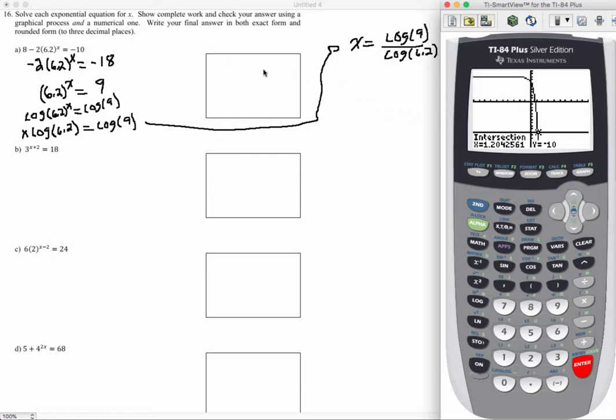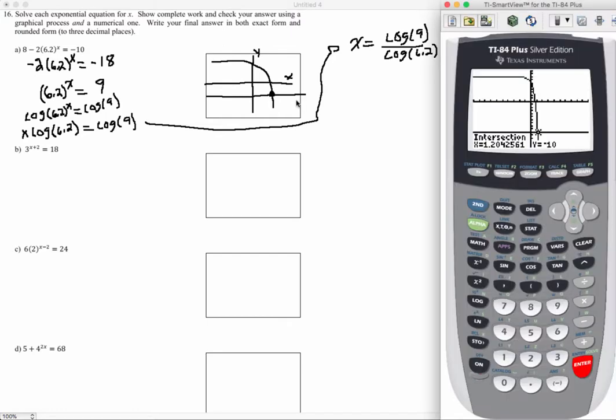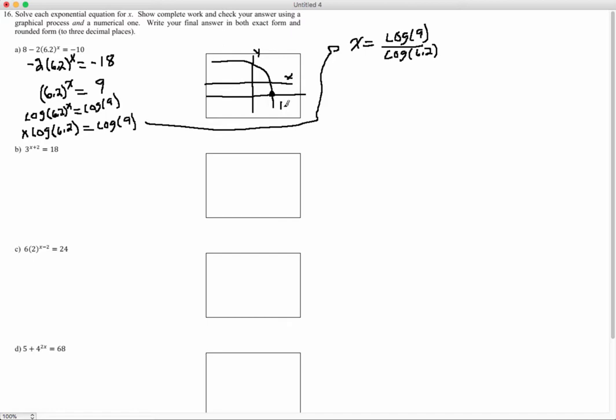Let's come over here and put a sketch of that onto our homework assignment. It's going to look similar to this, where that's the x-axis, that's the y-axis, and there's our point of intersection right there. From the calculator, it looks like our point of intersection is about 1.204 for the x value.